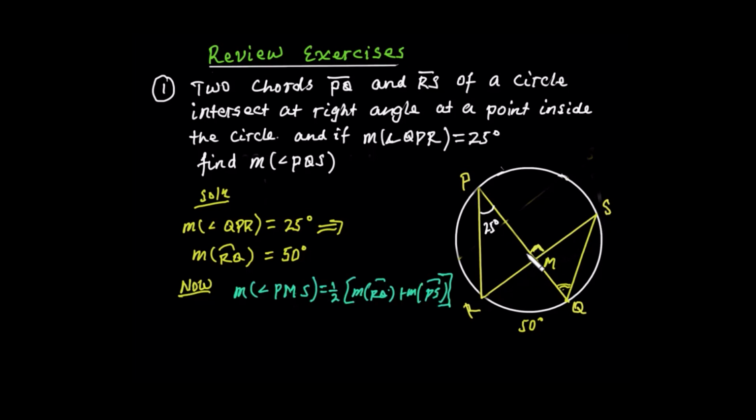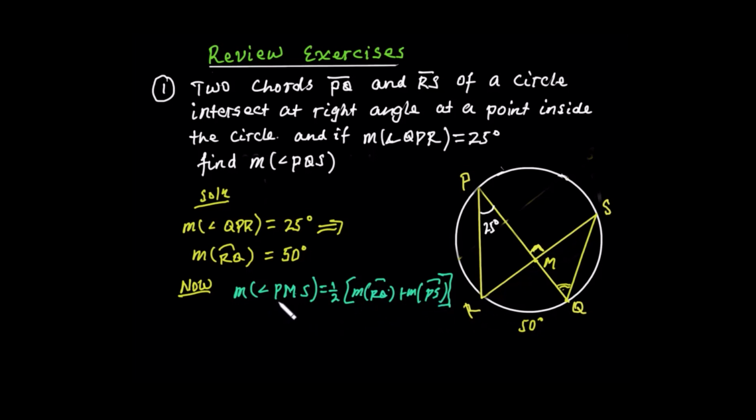Now what we know is that if two chords intersect inside the circle, the measure of the angle they form is half the sum of the measures of the arcs subtended by that angle and its vertical opposite. So it is half of the measure of arc RQ plus the measure of arc PS.